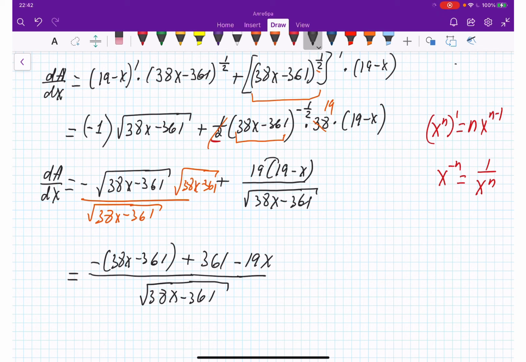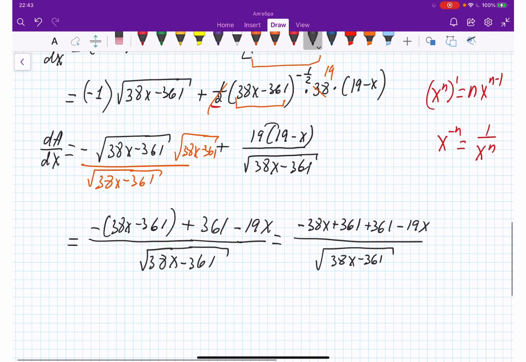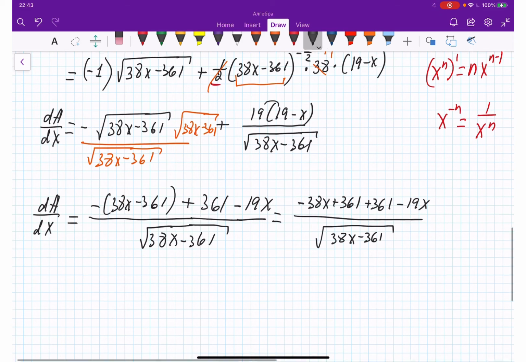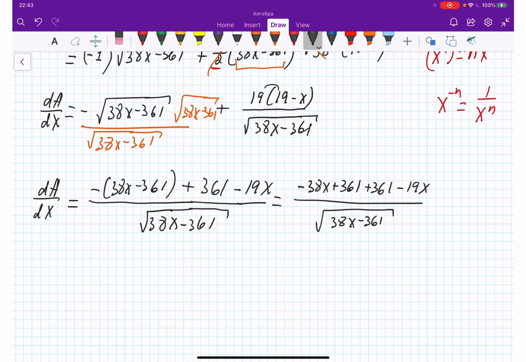So let's open the parentheses, and we are getting negative 38x plus 361 plus 361 minus 19x, over the square root of 38x minus 361. Now, this is dA by dx. All right, so let's simplify.